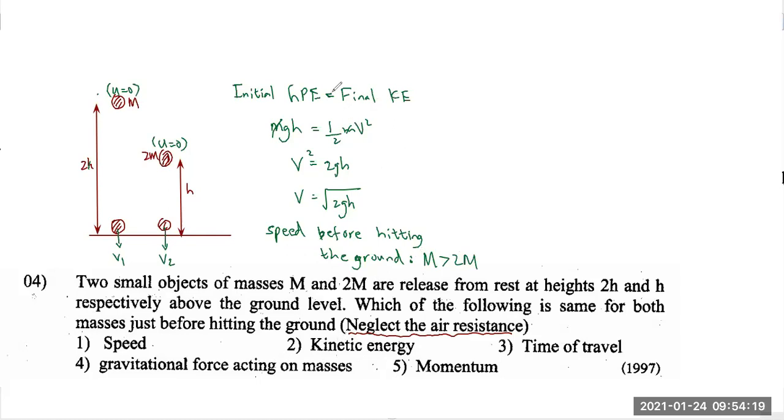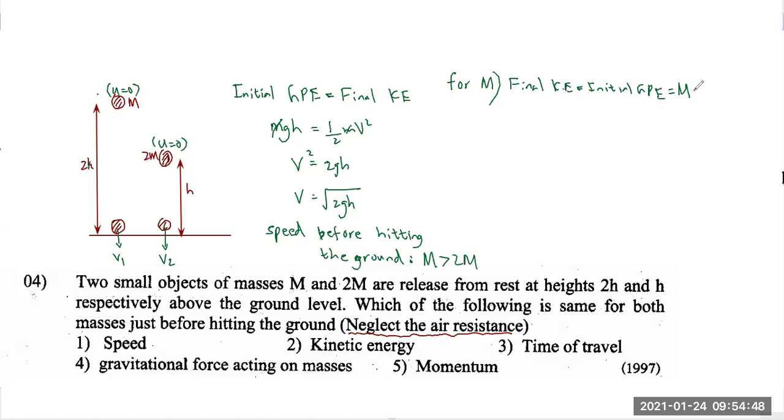Now, talking about kinetic energy, initial gravitational potential is equal to final kinetic energy. If you consider this equation for capital M, final kinetic energy is equal to initial gravitational potential energy. We can write like this only because air resistance is ignored. And what is the initial gravitational potential energy for that object?